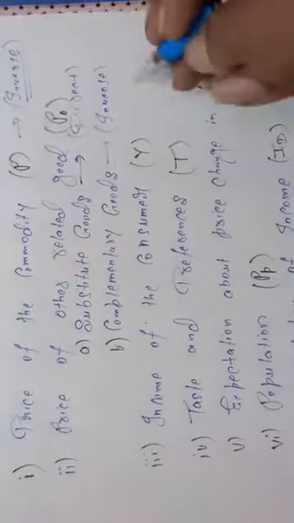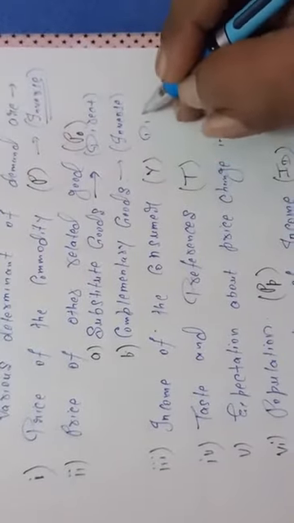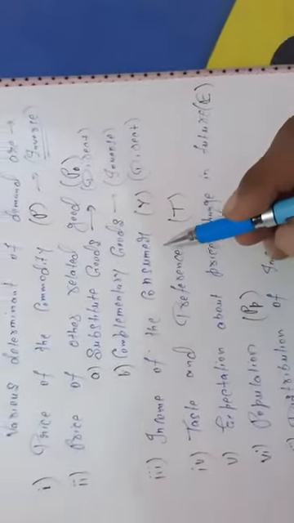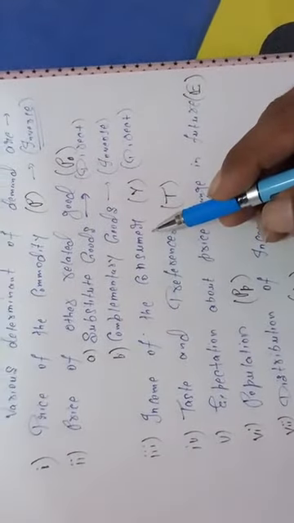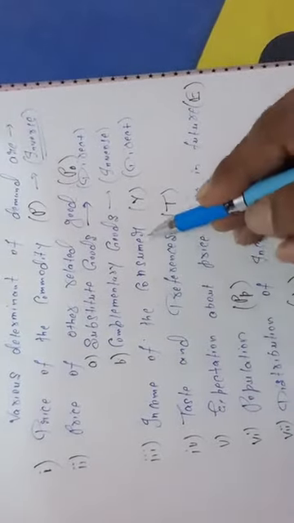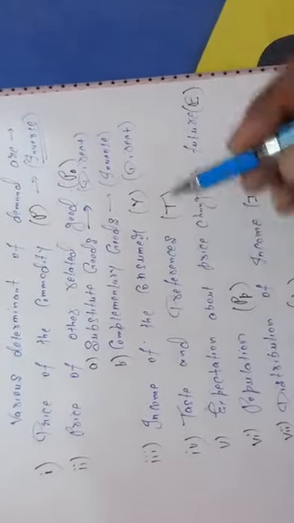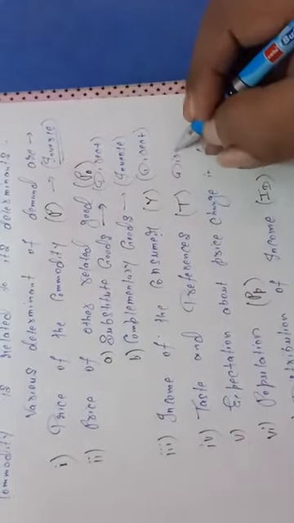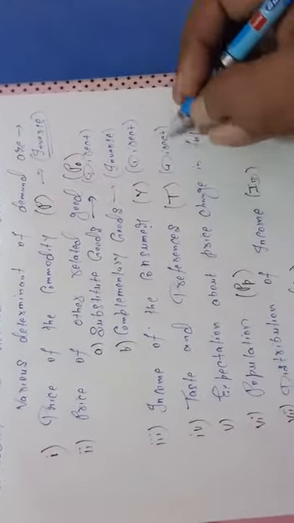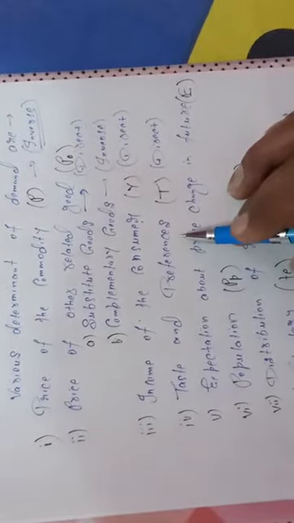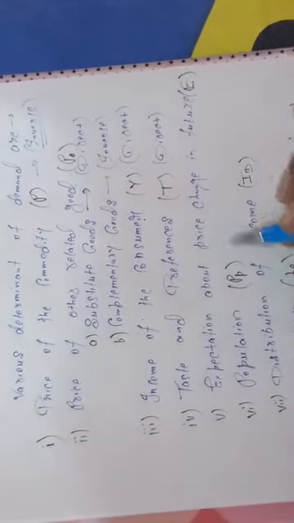There is direct relation between quantity demanded and income of the consumer. It means increase in income, increase in quantity demanded; decrease in income, decrease in quantity demanded. Taste and preference, direct relation. If the commodity is according to the taste and preference of the consumer, demand increases. If it is not according to the taste and preference, demand decreases.